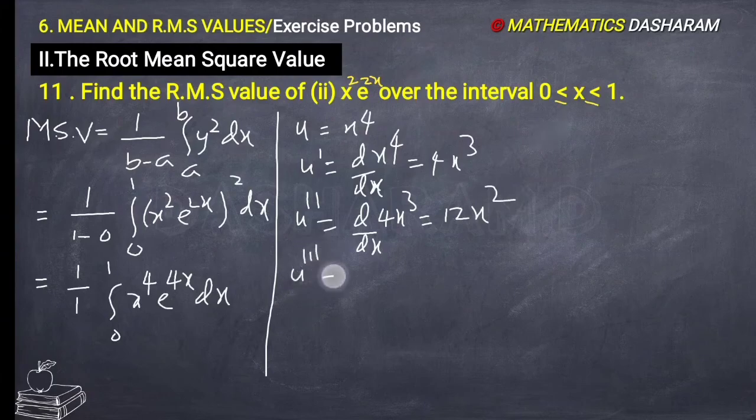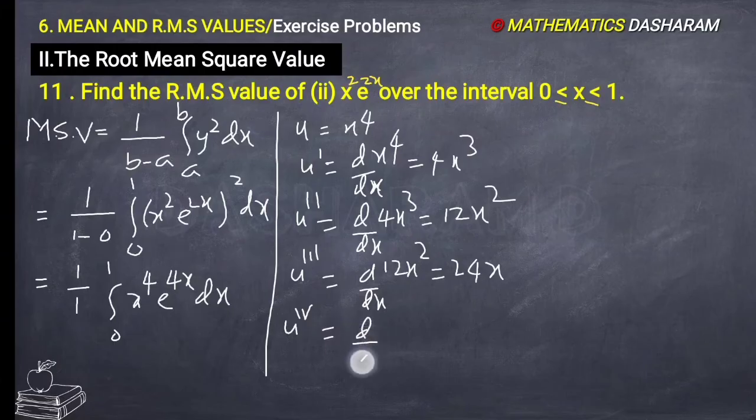U triple dash equals to d by dx of 12x square, that is 12 2s are 24x. Next u fourth order derivative, that is d by dx of 24x equals to 24.